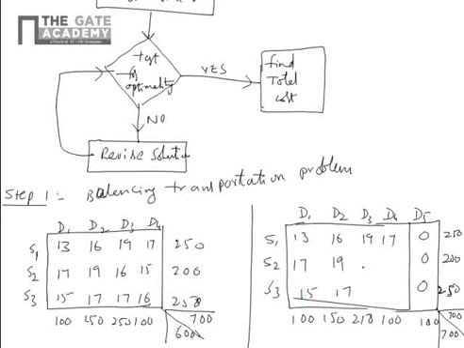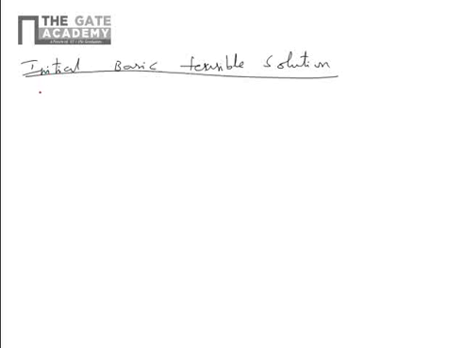Once this is completed, we go to finding the initial basic feasible solution. The initial basic feasible solution is found by three methods. One is the northwest corner rule.